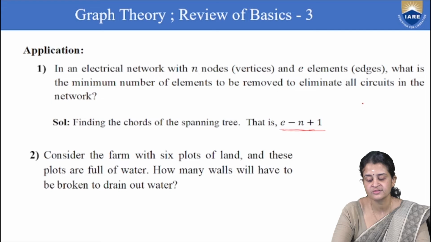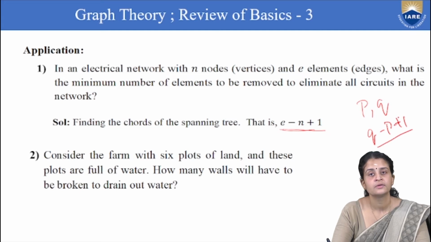Because earlier we have seen that if P is the order and Q is the size, then the number of chords is given by Q minus P plus 1. Here also, Q is E and P is N, that is E minus N plus 1. It is the number of chords.